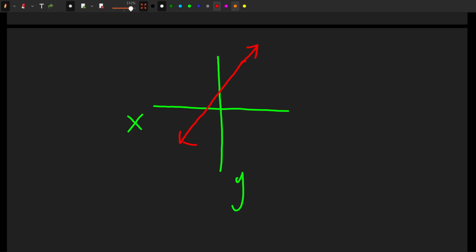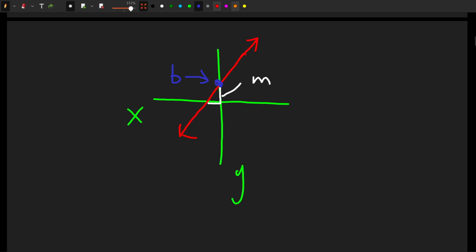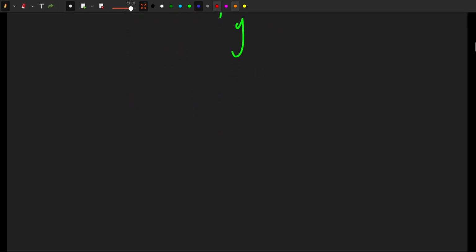M is my rate of change, so my change in y over my change in x, which is this portion, that would be m. And my y-intercept is located right here, where my red line crosses my y-axis.